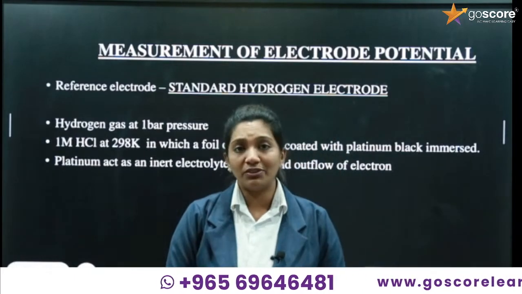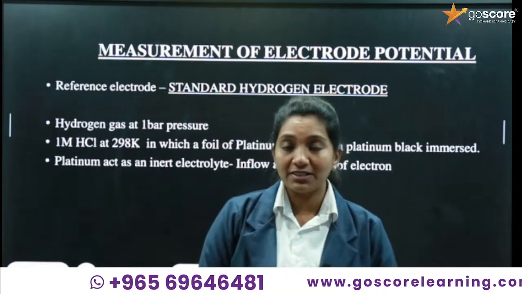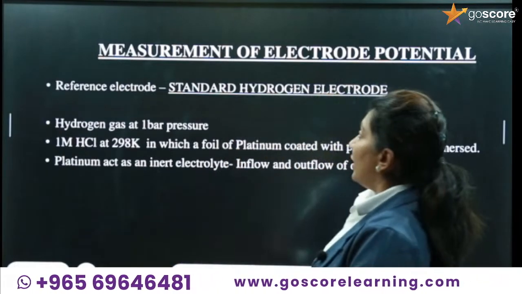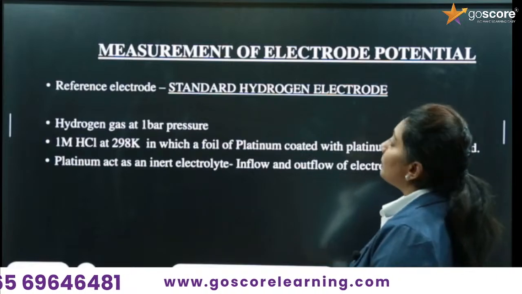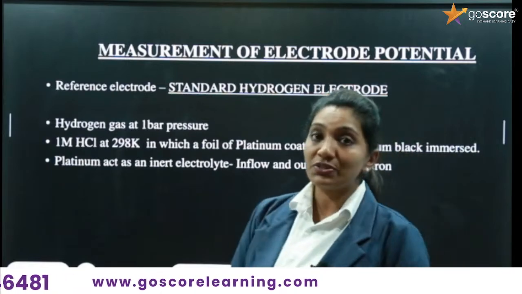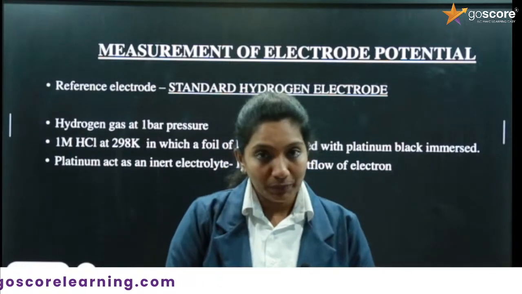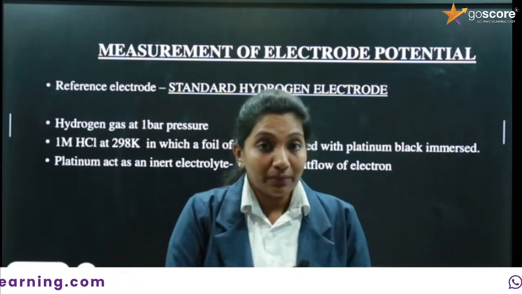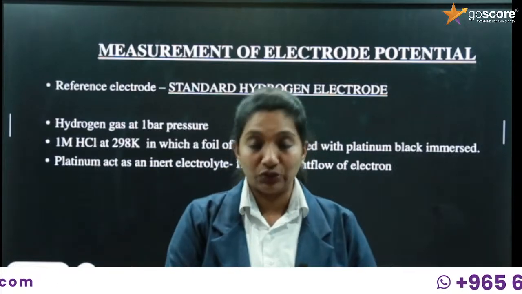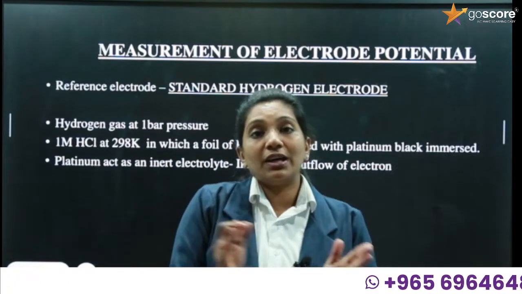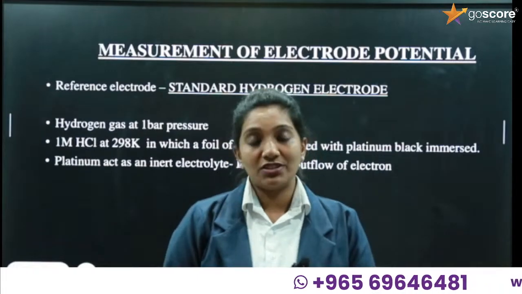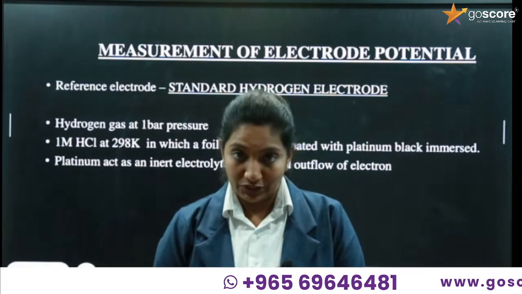Then only can we find the electrode potential, right? So in order to measure the electrode potential, we have to use a reference electrode. If you want to find the electrode potential of a particular metal electrode, you have to compare it with a reference electrode.